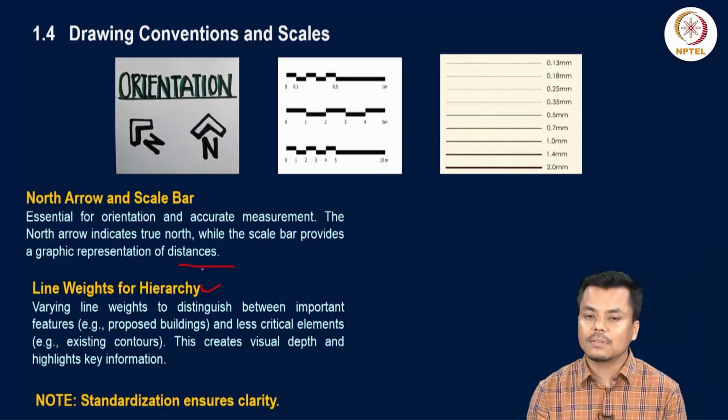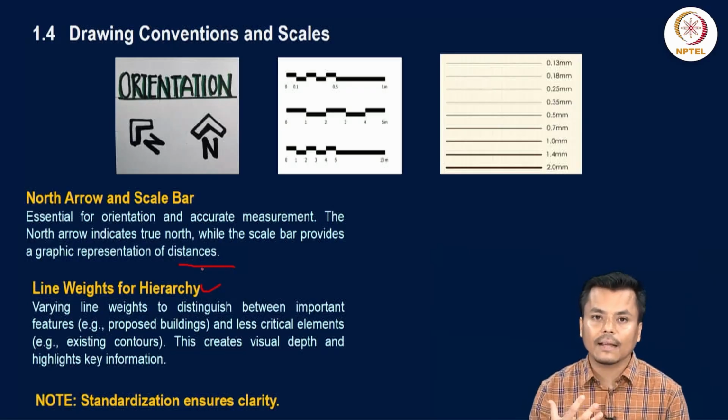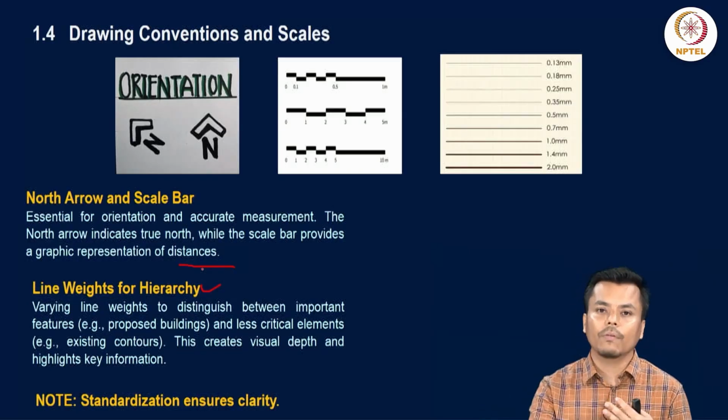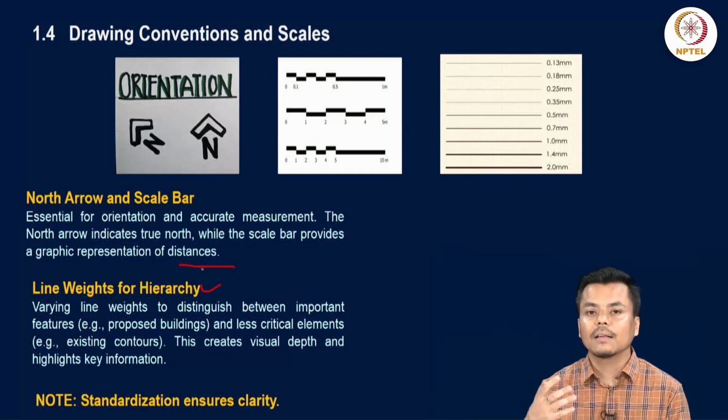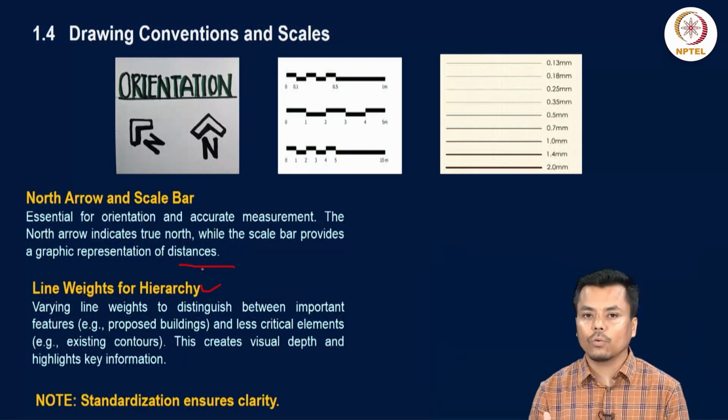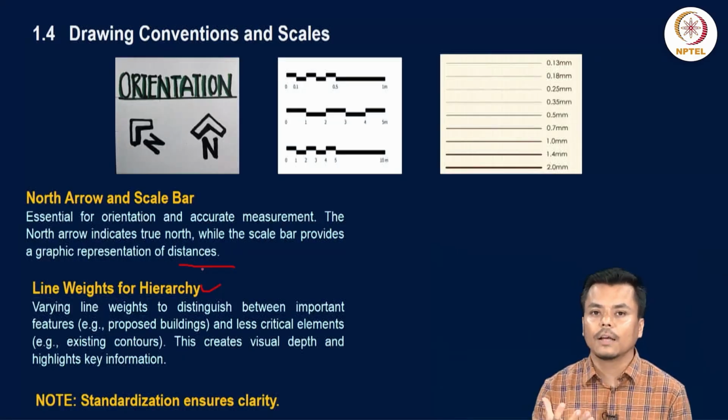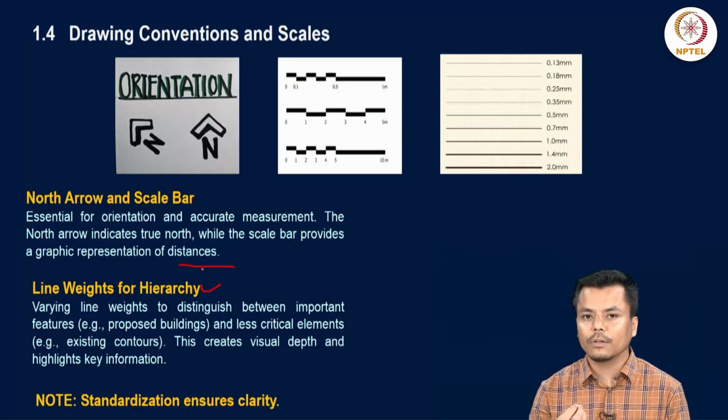Anything near the eye level will be darker than the one further away from the eye level. Since a site plan is a 2D drawing at bird's eye level, whichever object is very near to the eyesight will be observed in a darker line. That is what you can use while preparing the site plan.